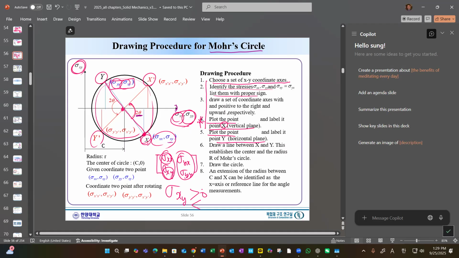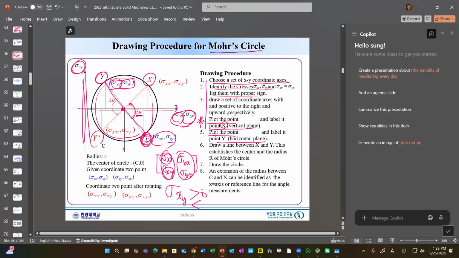Depending on this situation, the location of X on this Y-axis will be different from Y. But simply because we like to have X and Y as a diameter, meaning that if this is the lower of this vertical axis, then this will be the upper.